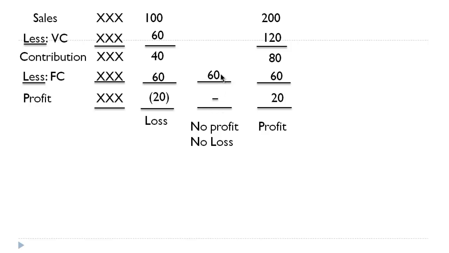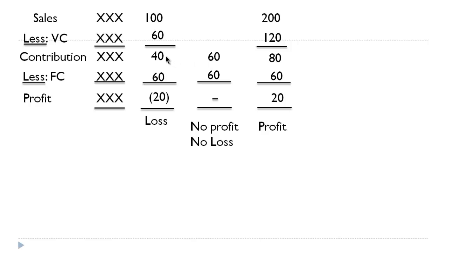It means your contribution is equal to fixed cost. If you have a contribution of 60 and fixed cost of 60, you will not have any profit and no loss. So here your contribution is supposed to be 60.